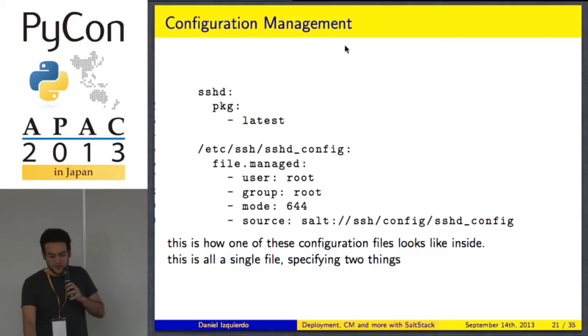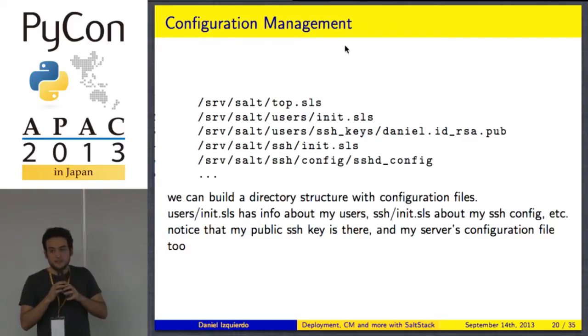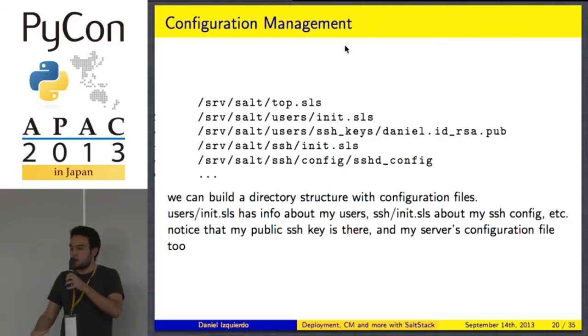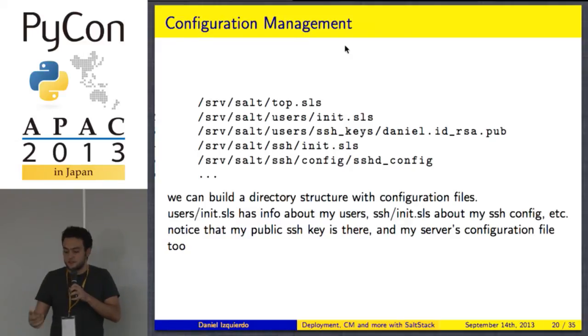So this means that I can build my whole directory of state files defining how certain things must be running in certain machines, and then in my top file I define to which machine will be applied which configuration.